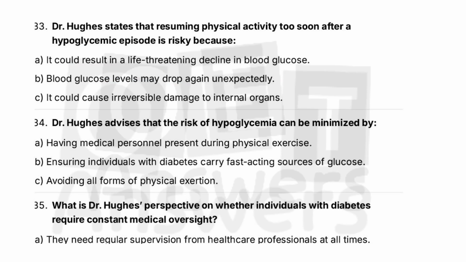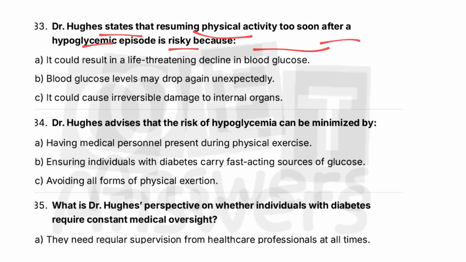Dr. Hughes states, again, states means opinion or suggestion. Resuming physical activity, so returning to physical activity soon after a hypoglycemic episode is risky because... So the word because has been given. What is the meaning of because here? Whenever you see because in the question, you need to find out the reason.